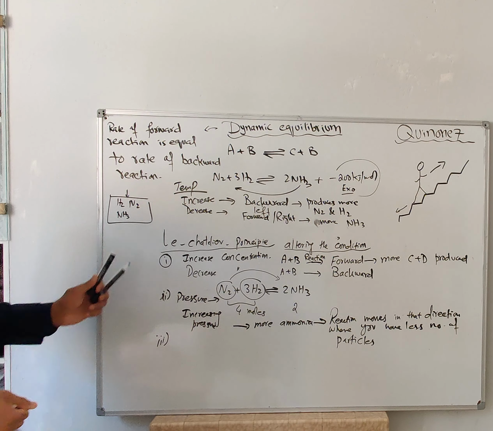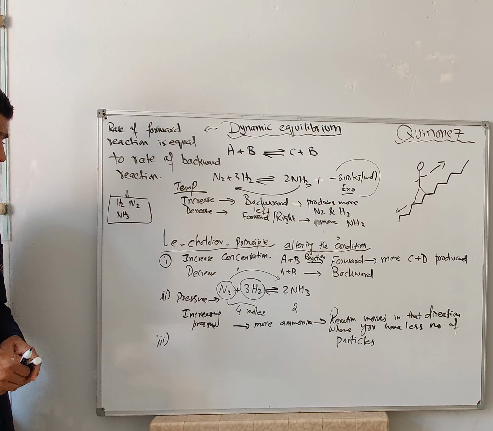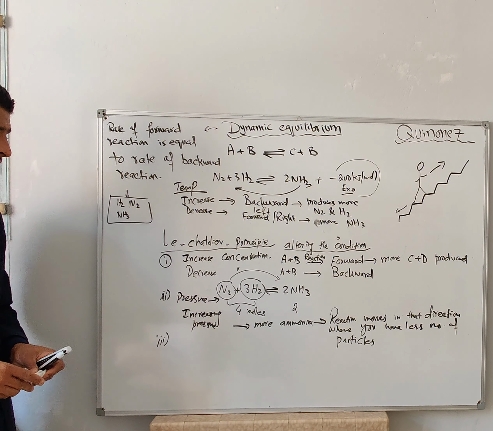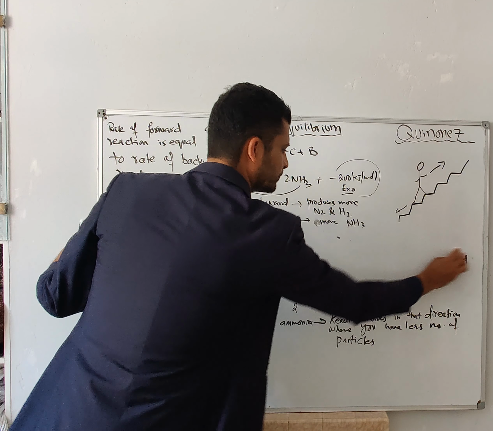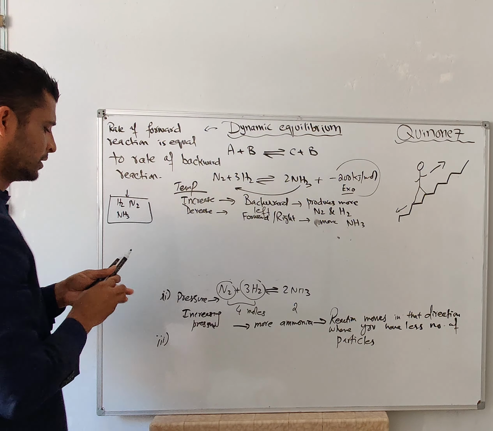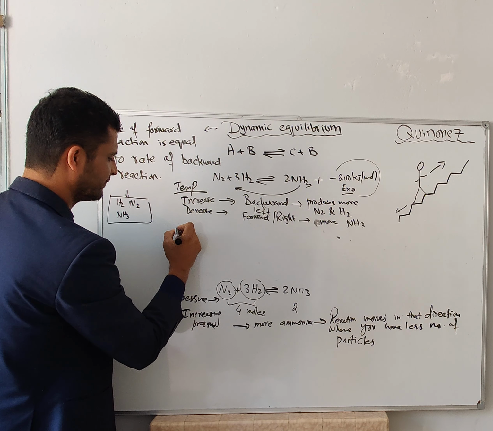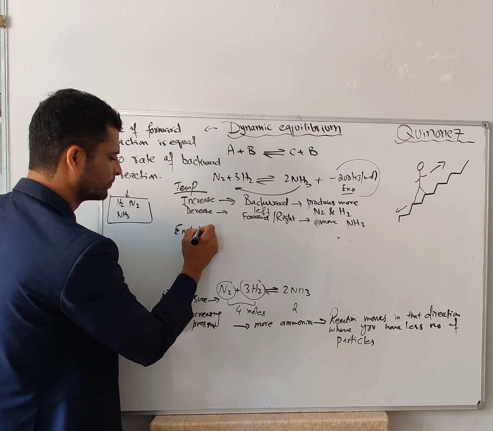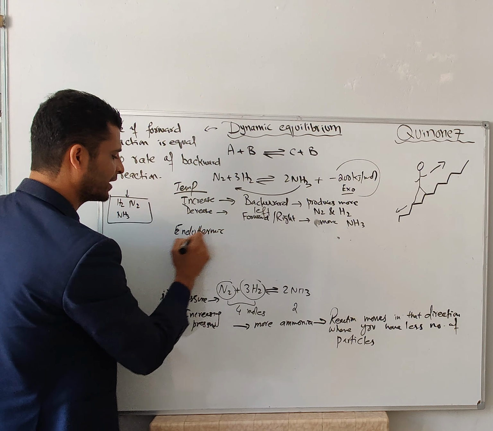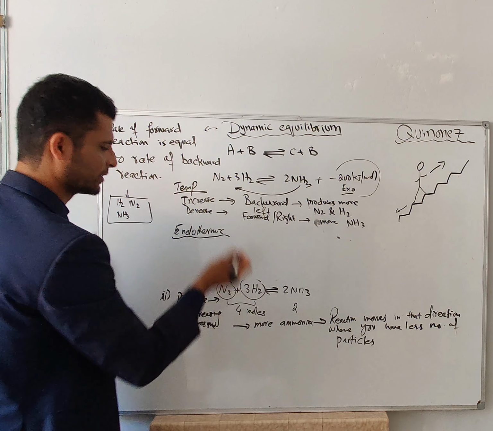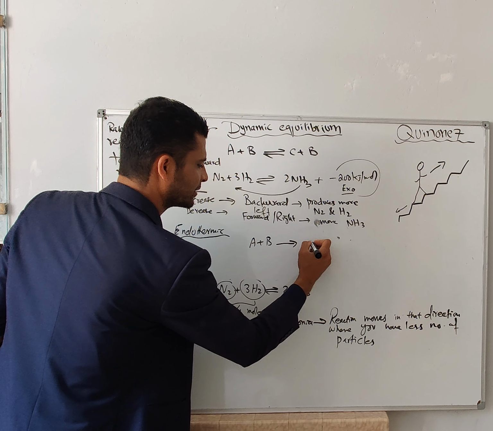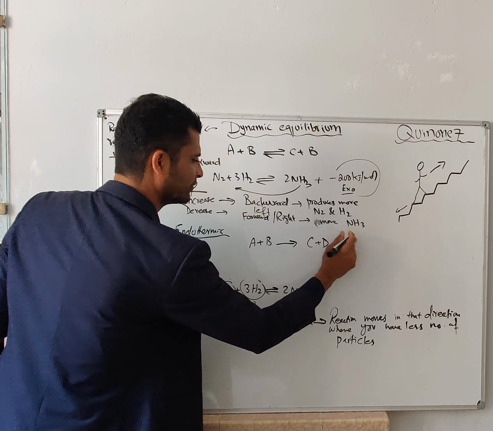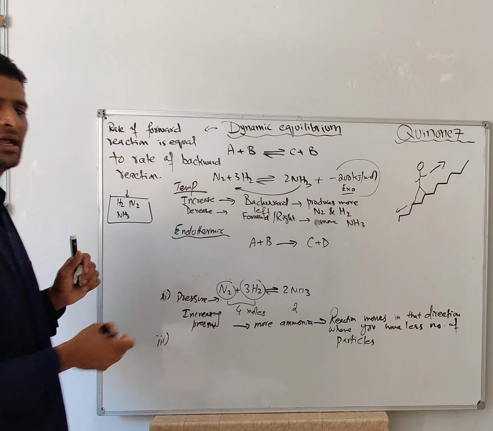Now, if you want to write down, you can screenshot, or you can just pause the lesson and write it down. Now, the second one is when you have endothermic reaction. If your reaction is endothermic reaction, for example, you have A plus B and you are making C plus D, which is completely an endothermic reaction.